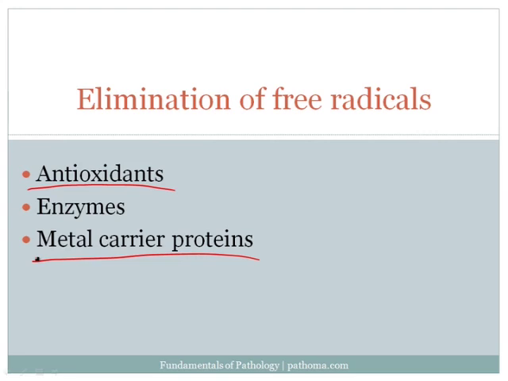So the way the body handles that is to have metal carrier proteins, for example, transferrin in the blood, which tightly binds iron to deliver it to the liver and the macrophages. And when iron is bound in macrophages or within the liver, it's tightly bound to a molecule called ferritin. So these metal carrier proteins basically hide away the metals so that free radicals are not generated.